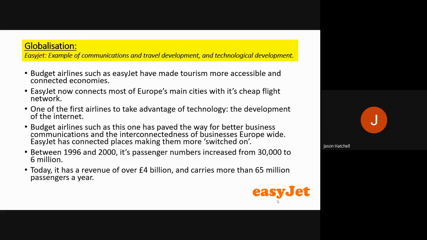So it is a large business for tourism purposes mainly, but also business. And it's an example of how technology in terms of IT and internet can massively benefit a company. And that is as a result of globalization.